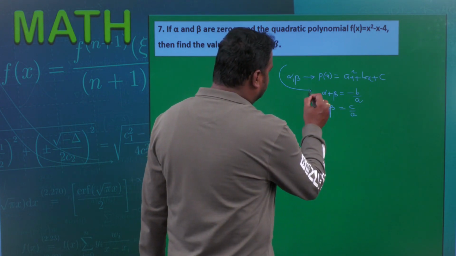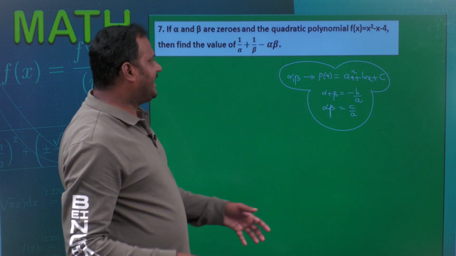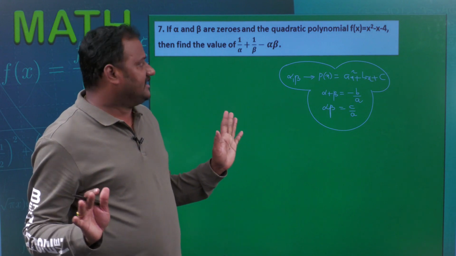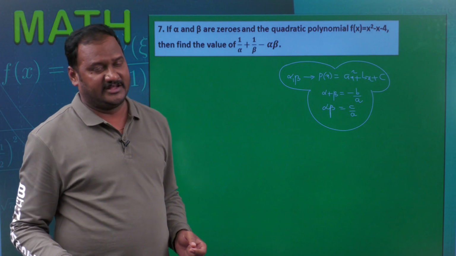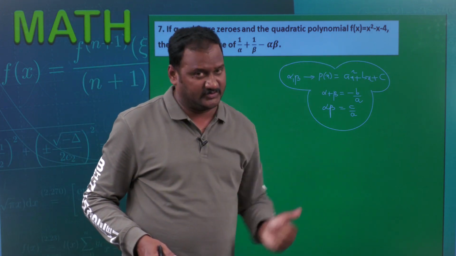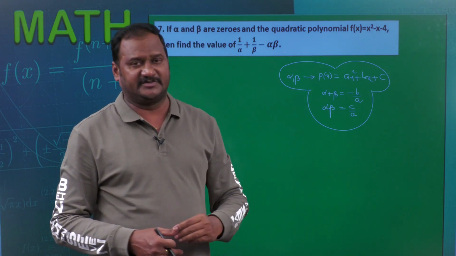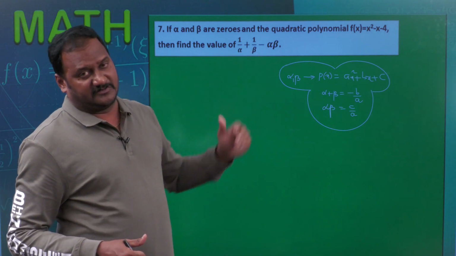So please keep these things in mind in order to crack these kinds of problems easily. You don't have to find what alpha and beta are individually, it means you don't have to find the zeros of the polynomial individually. Without actually finding the zeros, with the help of this information, we can easily find whatever you want of this form, right?